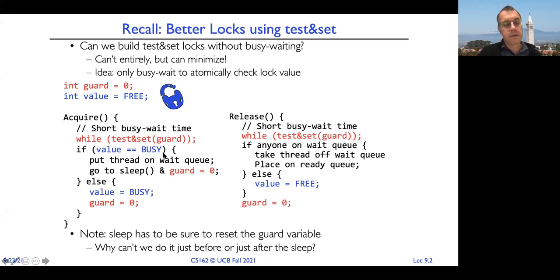Why is that? You can look at the last lecture. You need to do it after, but the thread itself which called acquire cannot do it because it's sleeping. So that has to be done either by the operating system or by the next thread that is scheduled, to reset the guard.